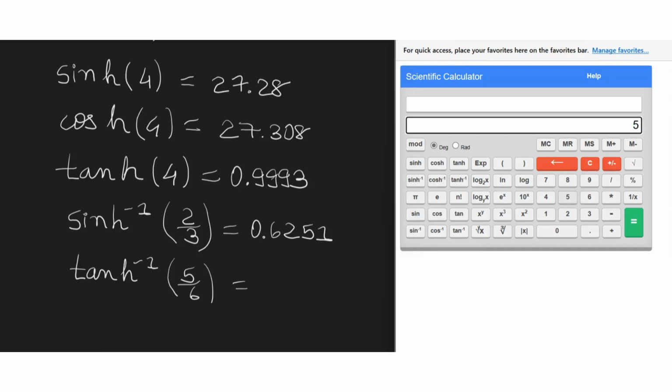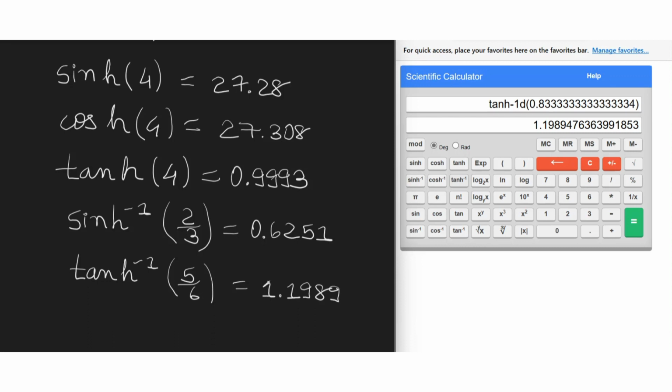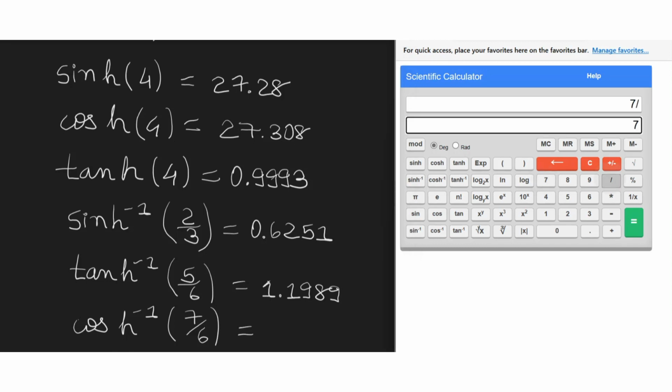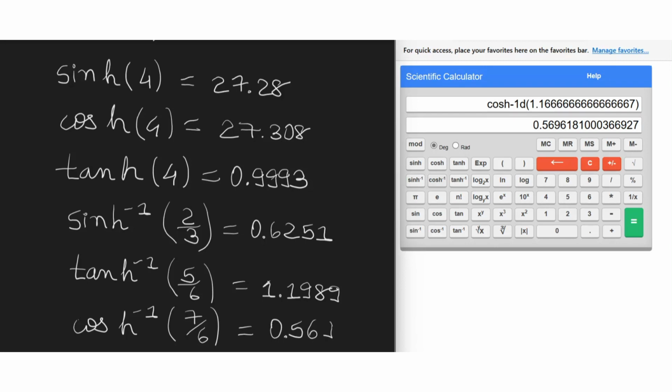For that, I'll type 5 divided by 6, equal to, and then press tanh inverse. This is coming as 1.1989. And then I have cosh inverse of 7 by 6. Here I'll type 7 divided by 6, equal to, and then press cosh inverse. So I get this as 0.5696.